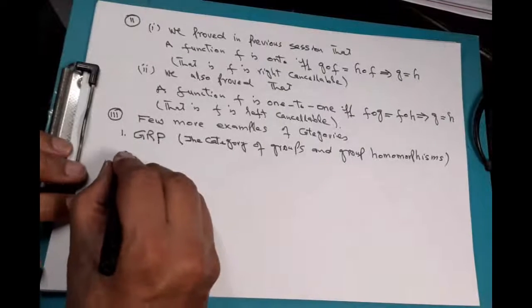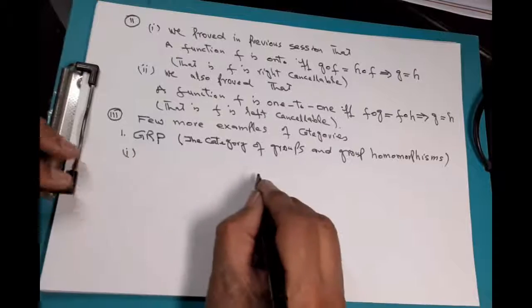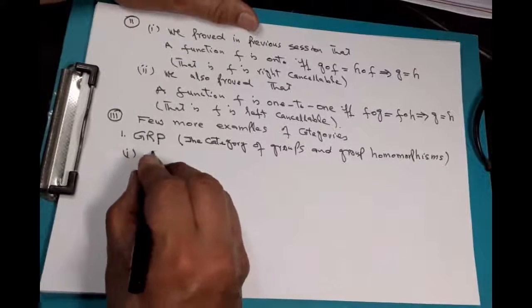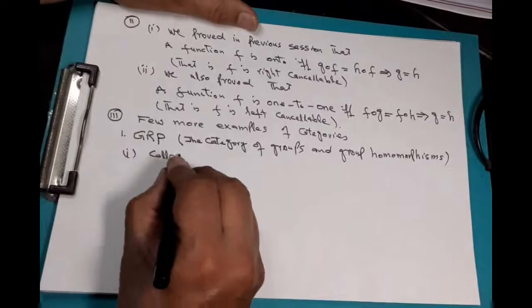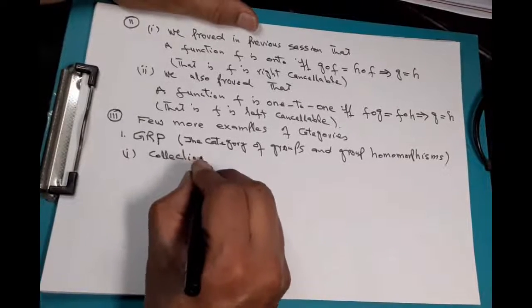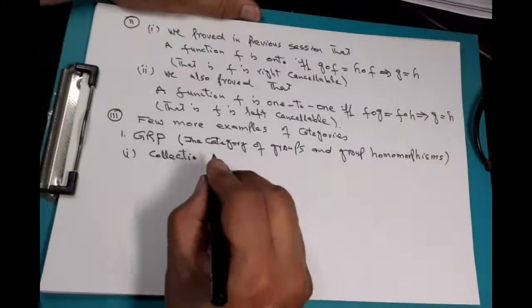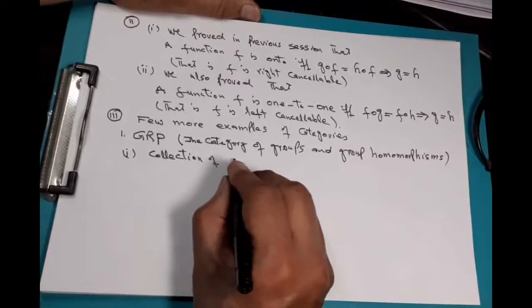So in this category, we have the collection of all the groups, as we had in case of sets, the collection of all the sets.